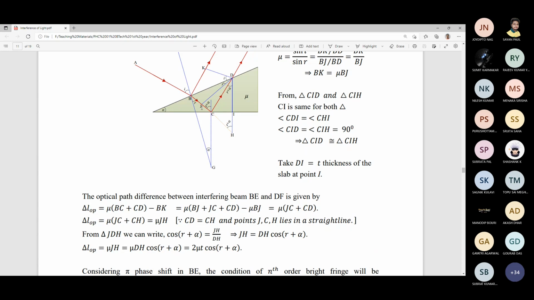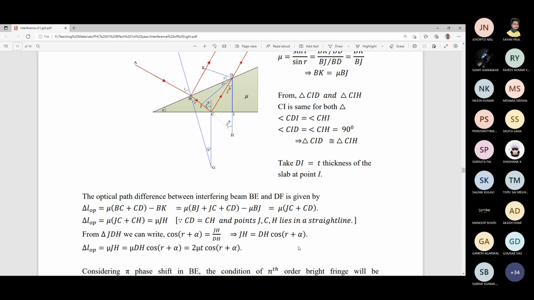then if we consider the triangle JDH, we will get this angle as R plus alpha. Then we can write cos of R plus alpha is JH by DH.